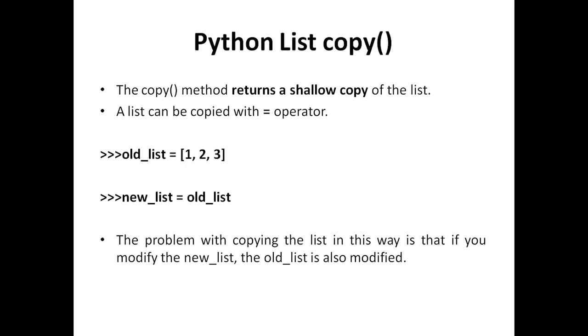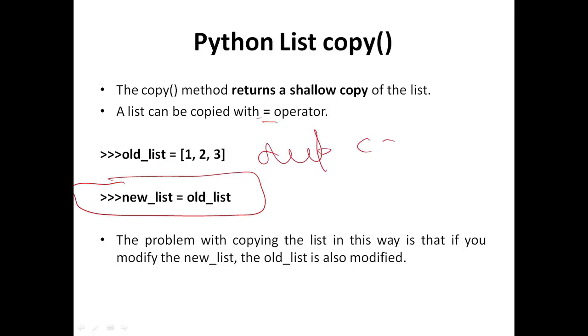Next we have a copy method which returns the shallow copy of a list. In case of shallow copy, the original list and the copied list are two different objects, but if we use the assignment operator for copying, this concept is called deep copy. In case of deep copy, a new object will not be created.